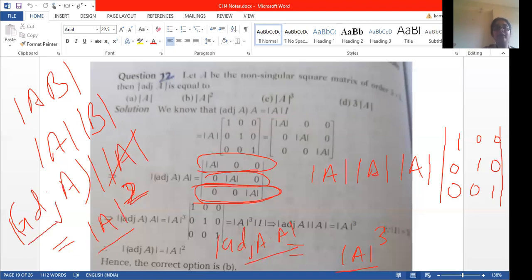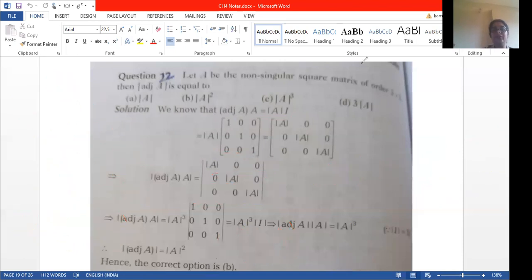So determinant of adjoint of A is equal to determinant of A whole square. Yes, that is what they have proved.